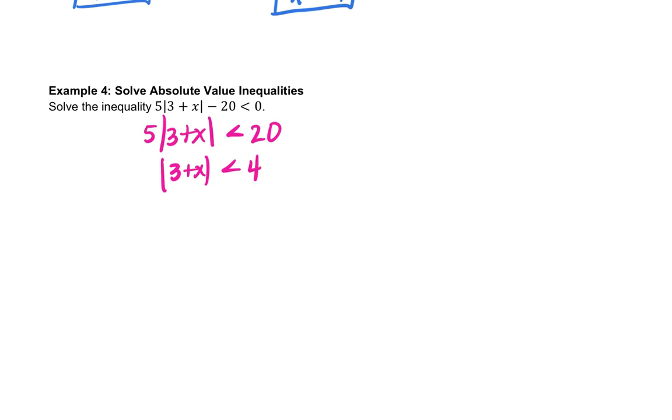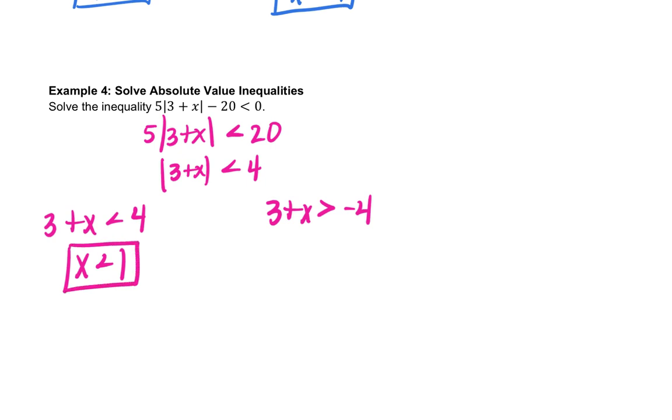So now I'm going to do this or that. 3 plus x is less than 4, and 3 plus x is greater than negative 4. You have to have the this or the that. If I subtract 3 from both sides, x is less than 1. And if I subtract 3 here, I'm going to get x is greater than negative 7.